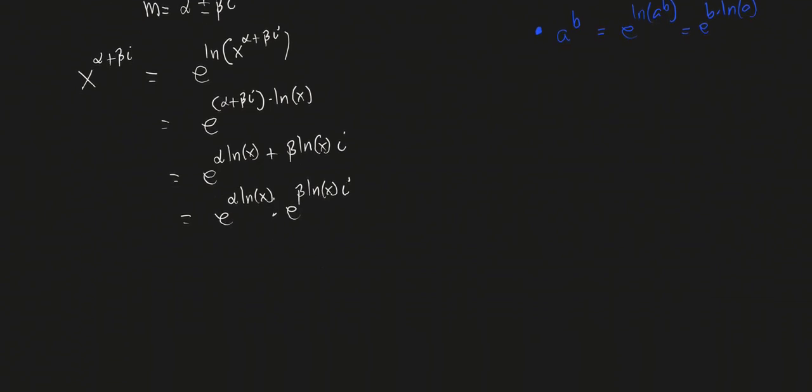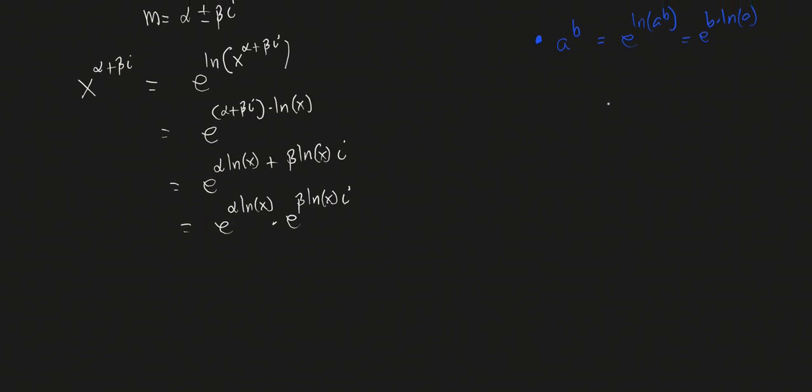Now, this part here, since it doesn't have the i, we really don't need to keep it in this form, right? In fact, if you notice, this form is essentially this form right here, where my b is the alpha, and then my a is now the variable x. So I can just go back and write this as x to the alpha.